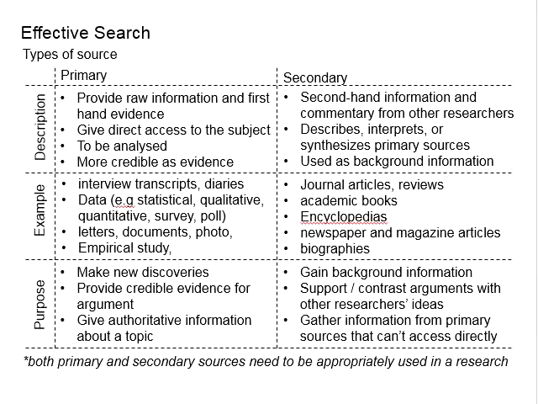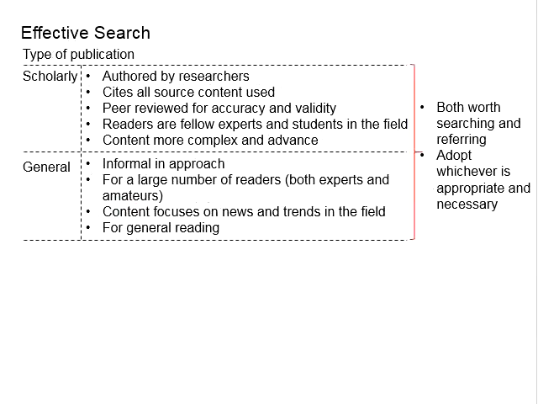wisely and appropriately. You have been introduced to two major types of publications, which are the scholarly and general publications. The scholarly publications are normally more research-oriented, as for the general publications are meant for general readings and basic understandings.